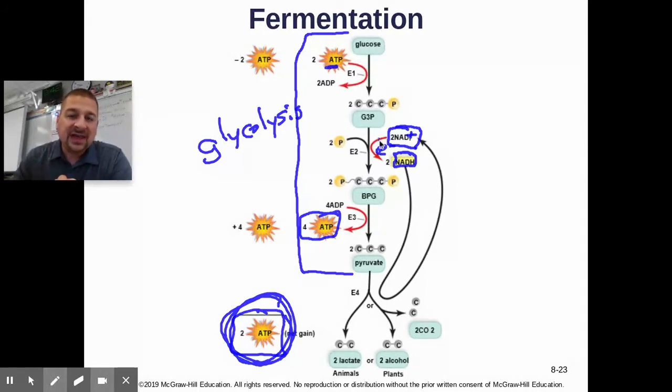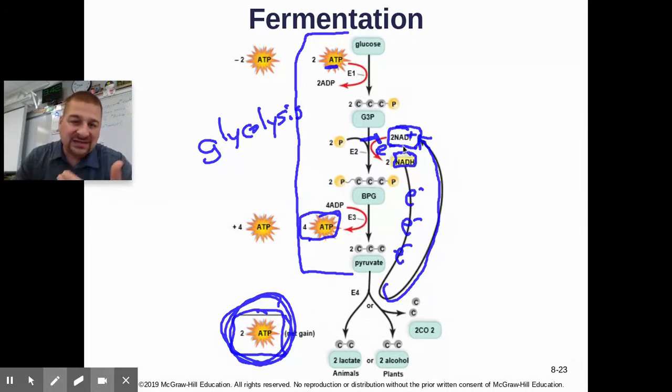If there's no NAD plus here, that creates a roadblock, and glycolysis will slow down and stop. And so you're not going to get this gain of 2 ATP. Cells have to have somewhere to put those electrons from NADH, to offload them to free up NAD plus to come back so it can keep going through glycolysis.